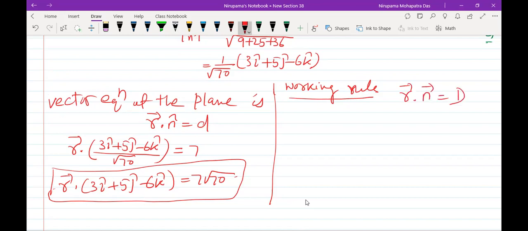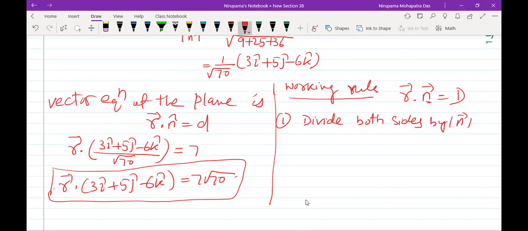First thing you have to check is whether it is n vector or n cap. If it is in this form, we need n cap here, so divide both sides by magnitude of n.